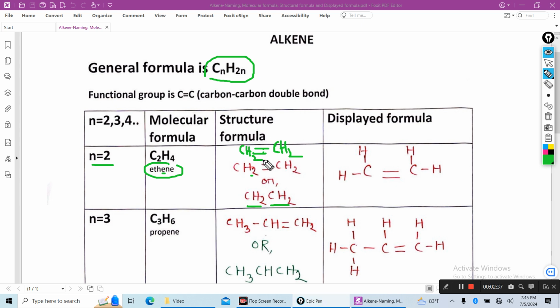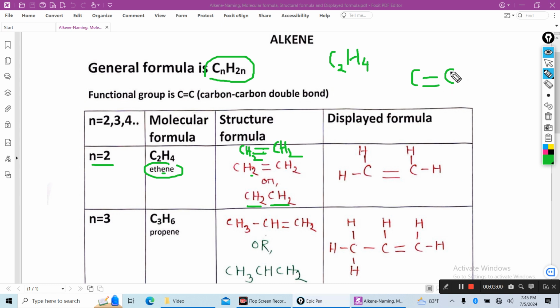How do you write the displayed formula? So as C2H4, this is ethene, you first write 2 carbon, then as it is alkene, you will get a double bond here. Then you will write the hydrogen atoms.